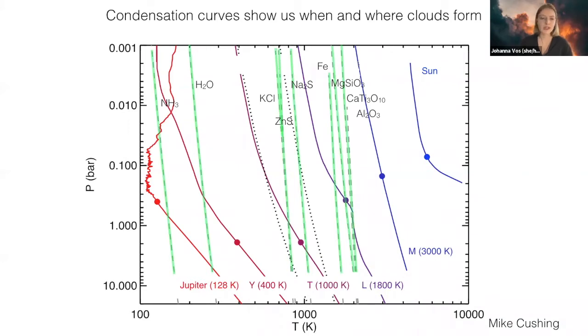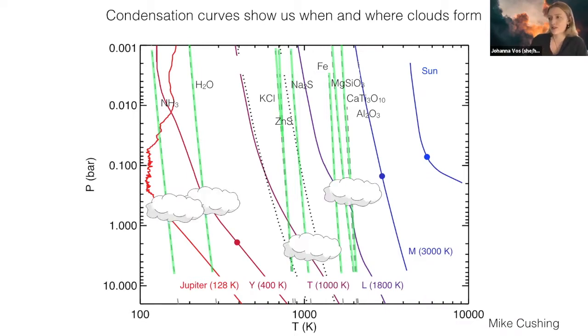Now in green, I'm showing you the condensation curves of various species. Wherever a pressure temperature profile intersects with one of these curves, the molecules condense from the gas phase to form droplets or grains, which can then build up to form clouds. So I can also put in the approximate positions of the clouds from this diagram.